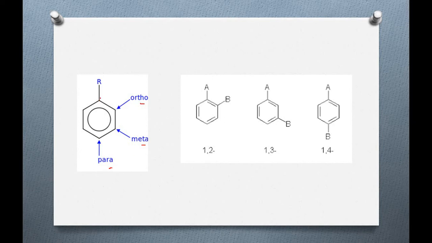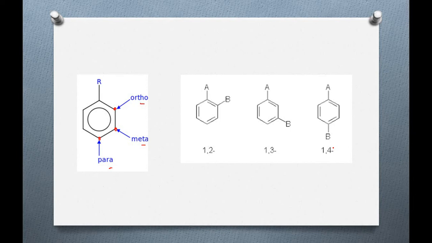If you are counting from here, this position is called ortho, this is called meta, this is called para. We also name these things, like if I have a substitution, then we call it 1,2 or 1,3 or 1,4. Like that we name these organic materials. I just ask you to quickly revisit these things if you forgot, but I'm sure that you know most of these things.